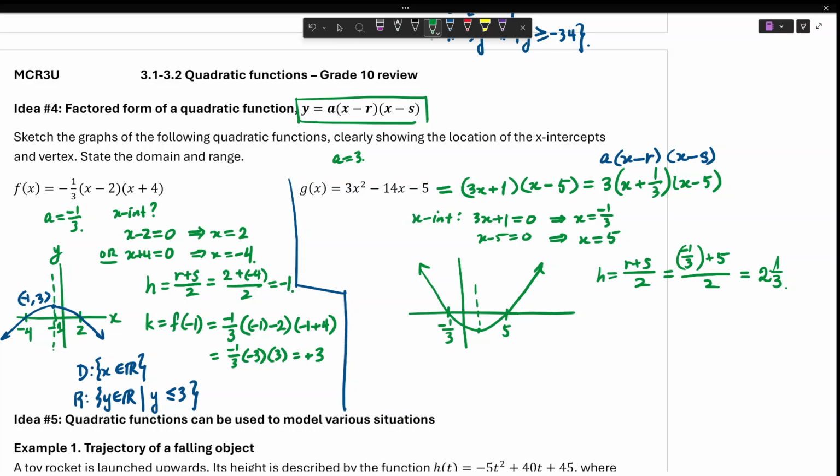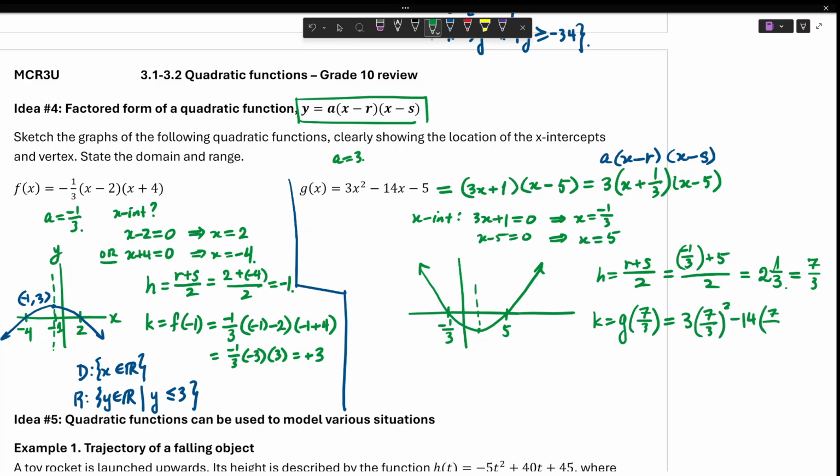So we know exactly where that vertex is now. I'm going to write it also as a mixed number, just in case it ends up being helpful. Now, for the actual location of the vertex, we want to know the k value. So that's the function evaluated at 7/3. It's a little bit gnarly.